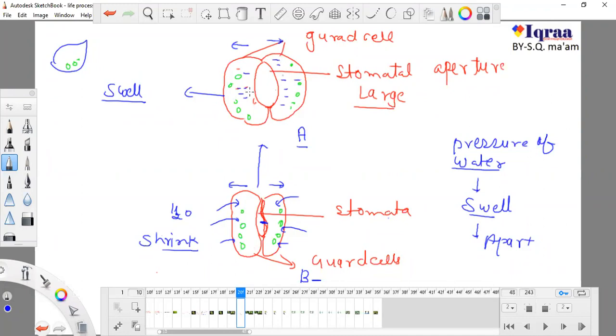There is much water, and these guard cells are in a swollen condition because water is absorbed and now they are filled with water, so they swell and move apart. As they move apart, the stomatal aperture becomes enlarged. Aperture means hole, so the hole becomes large and it will remove all the water outside.